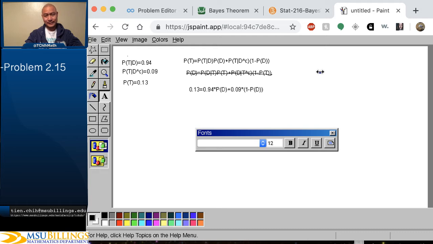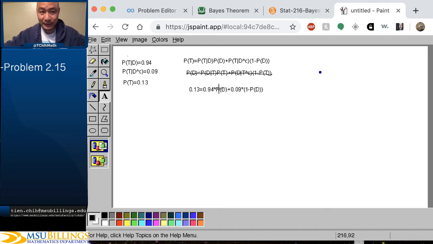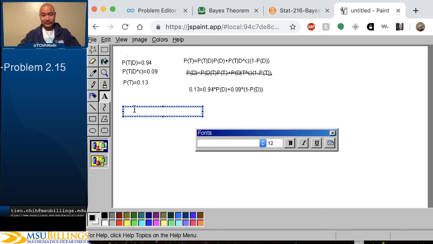But hey, this isn't looking so bad, because this is a linear equation with one unknown, right? I have P of D, a bunch of numbers multiplied and added or subtracted, and the only thing left to do now is to solve this, just like you would any other linear equation, right?